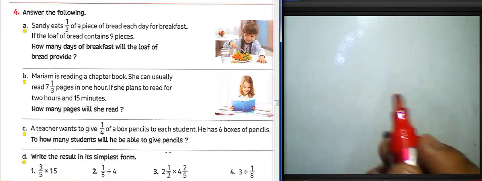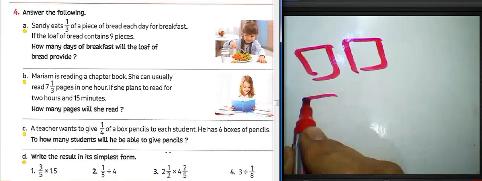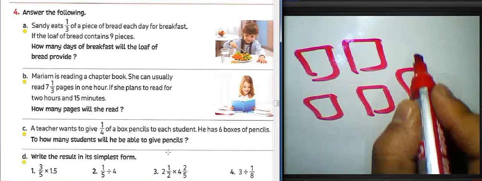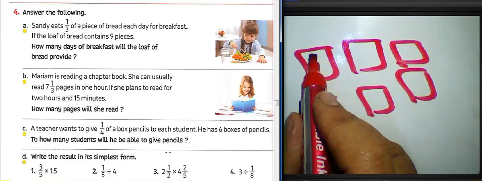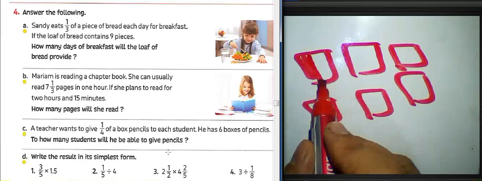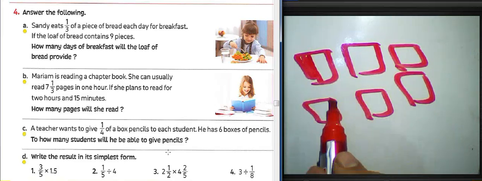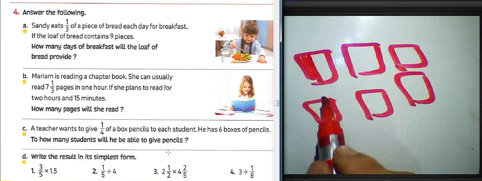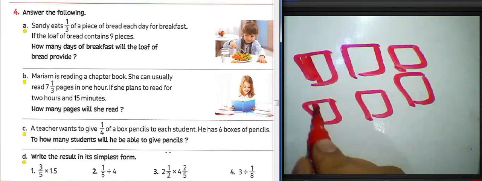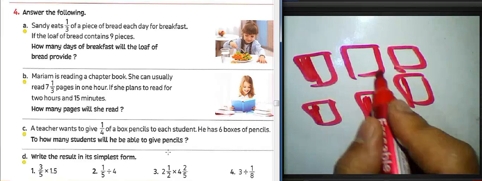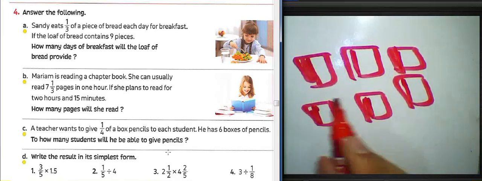He has 6 boxes. 1, 2, 3, 4, 5, 6. He gives 1/4 of each box.